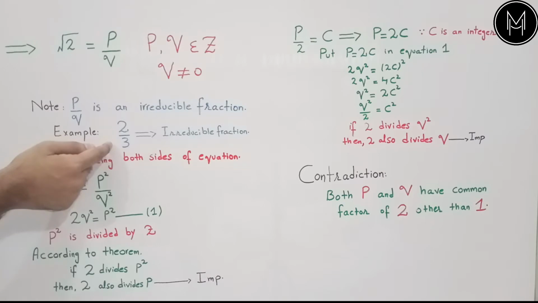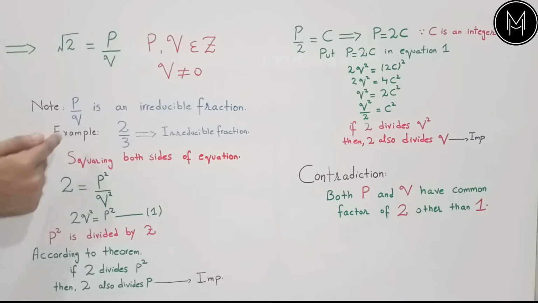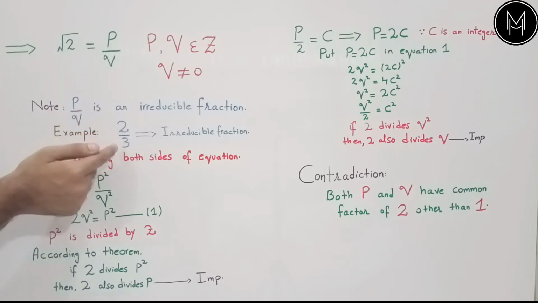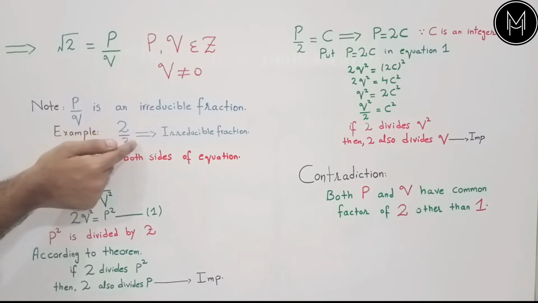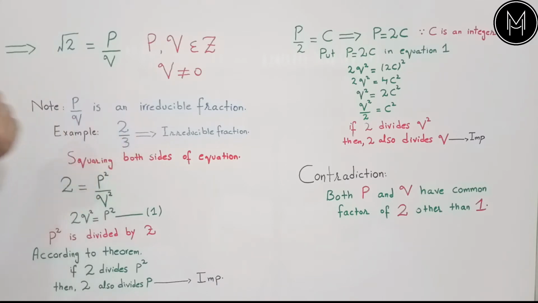There is no common number between 2 and 3 that can divide both; only 1 can divide both 2 and 3. Therefore, 2 by 3 is an irreducible fraction. I hope now you better understand irreducible fractions.